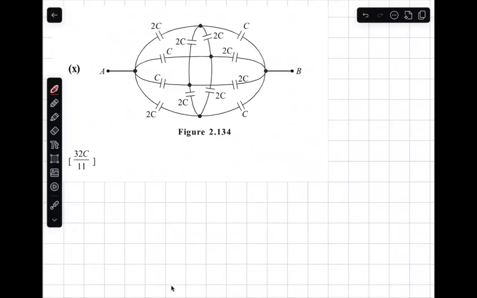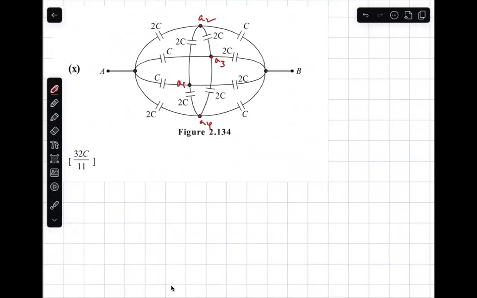On the surface, you are managing all this. So for my convenience, I'll label it as A1, A2, A3, A4. Definitely AB is the axis of the circuit.